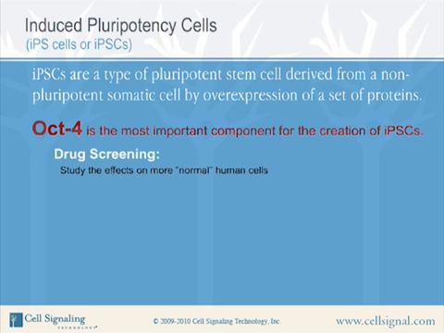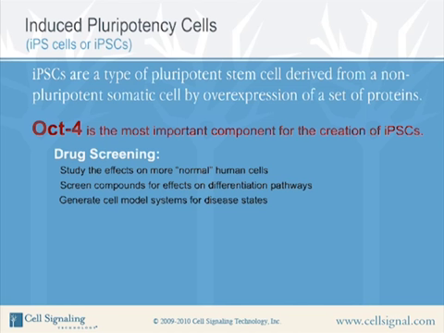In addition, compounds can be screened for their ability to drive or halt particular differentiation pathways, thus providing information on points of pharmaceutical intervention in particular disease states. iPS cells also provide the ability to generate cell model systems from patients with genetic diseases and allow scientists to follow disease progression as the iPS cells differentiate.